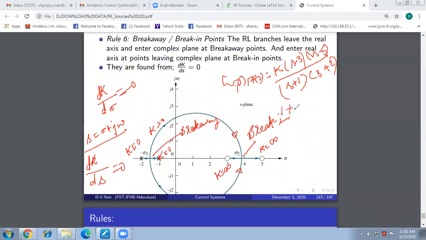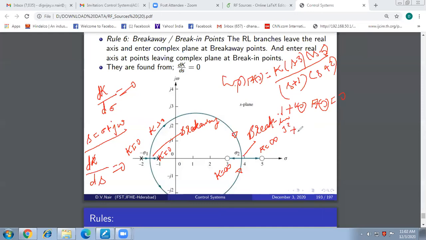Construct characteristic equation. Characteristic equation will be what? 1 plus G(s)H(s) equal to 0. Put the value of this, then from this get k on left hand side. So it will involve some mathematics. Let us do it here. So it will be s square plus what it will be, friends?